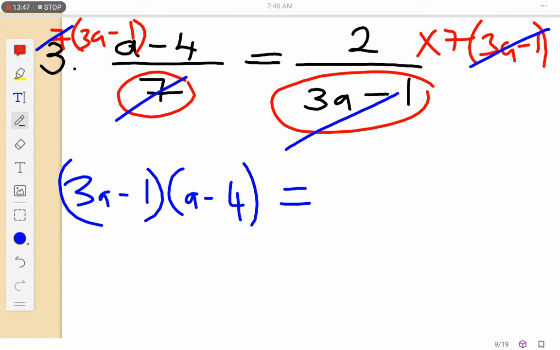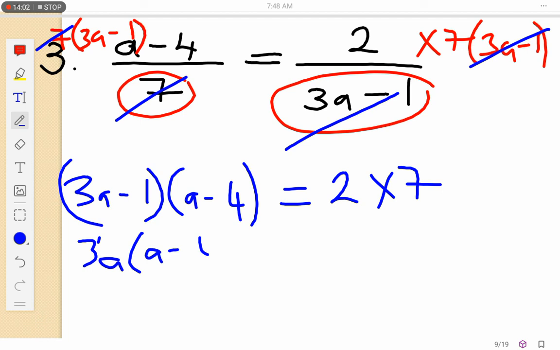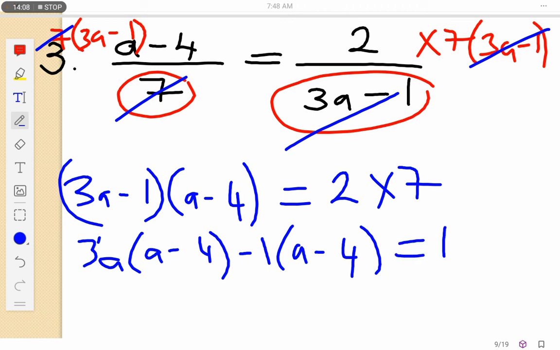This one will cancel off with that. So we have 2 times 7. Simplifying those factors, we'll get 3a multiplying that other bracket a minus 4, then minus 1 multiplying a minus 4 again is equal to 14. Now we have that. Let's simplify and see what we get at the end of the day.